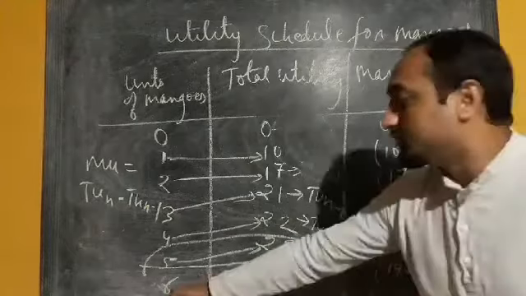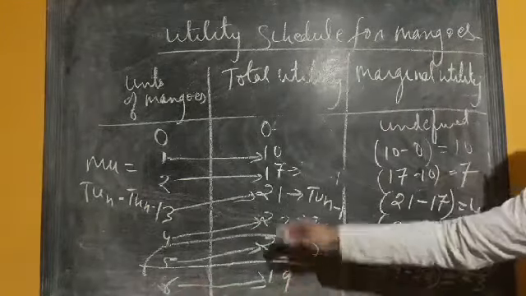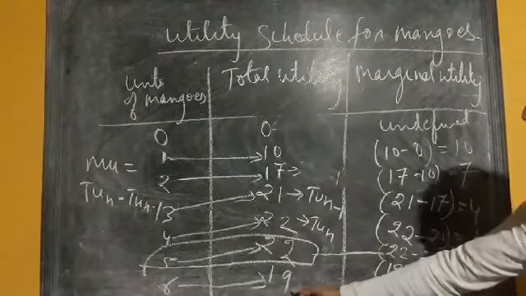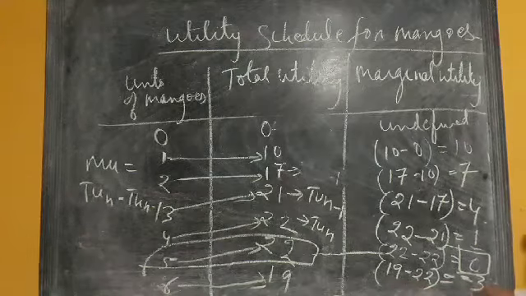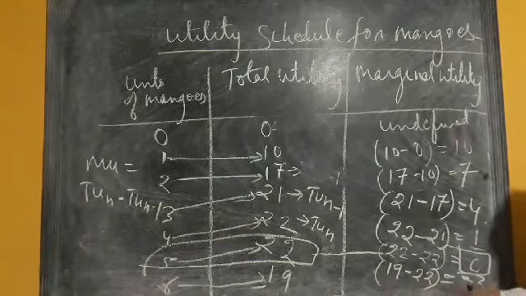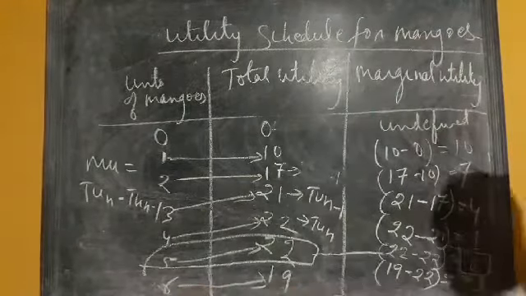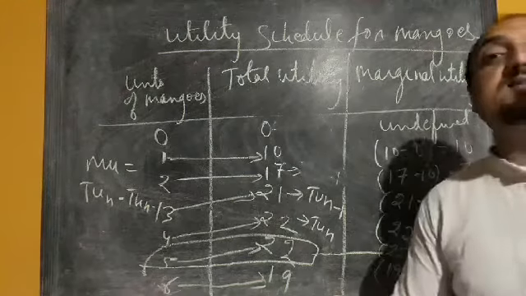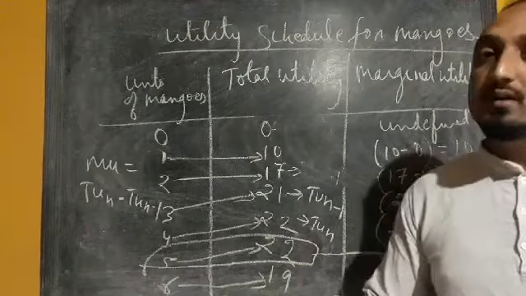And when total utility is decreasing, after 22 to 19, the utility is decreasing, and we can see that marginal utility is negative, 19 minus 22 is minus 3. So when we consume the sixth unit of commodity, marginal utility will be negative, minus 3. Minus 3 is a negative number, and it implies negative utility.